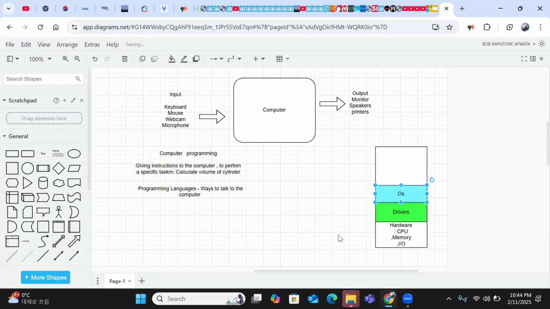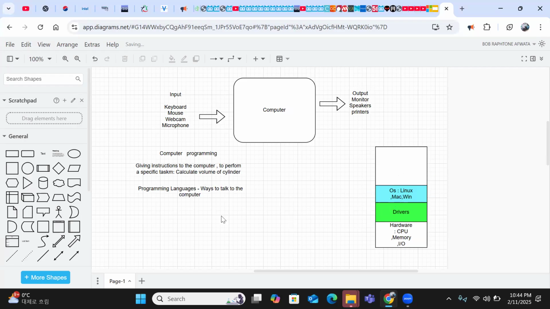Windows, Linux, Mac OS. This OS, the operating system, is very important.